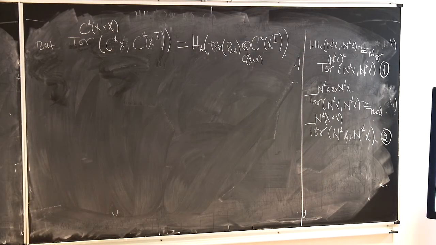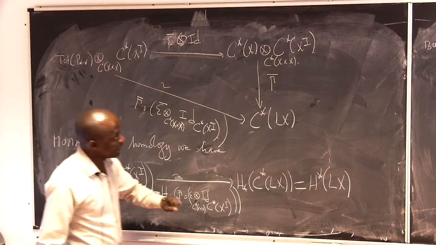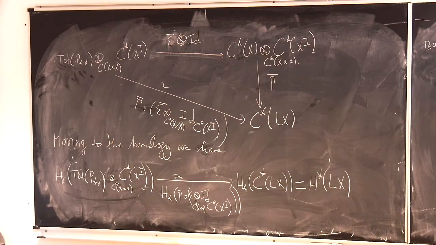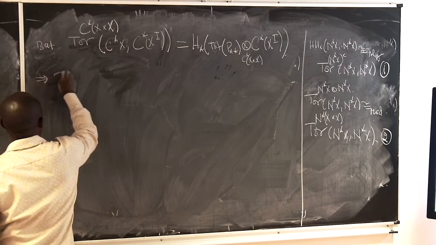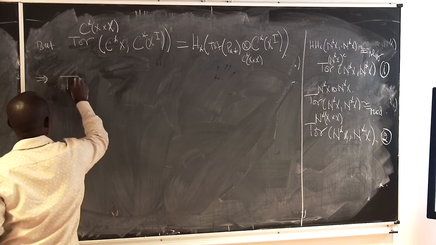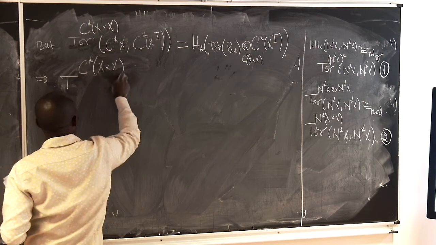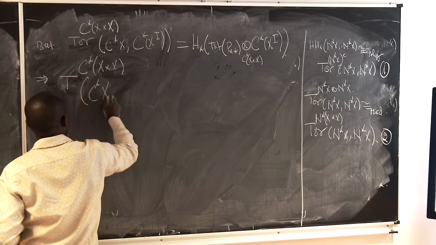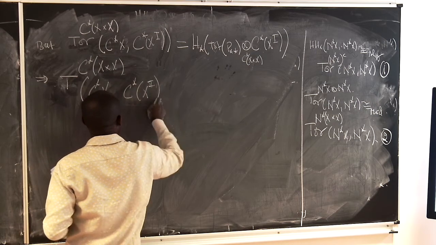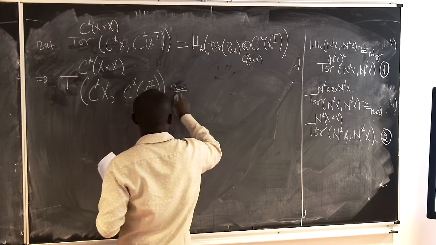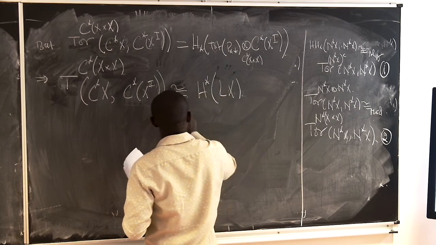By definition of the Eilenberg-Moore differential torr, this is exactly the Eilenberg-Moore differential torr. So we have this. With this isomorphism, we have that torr of, to the free-loop-space homology as module.